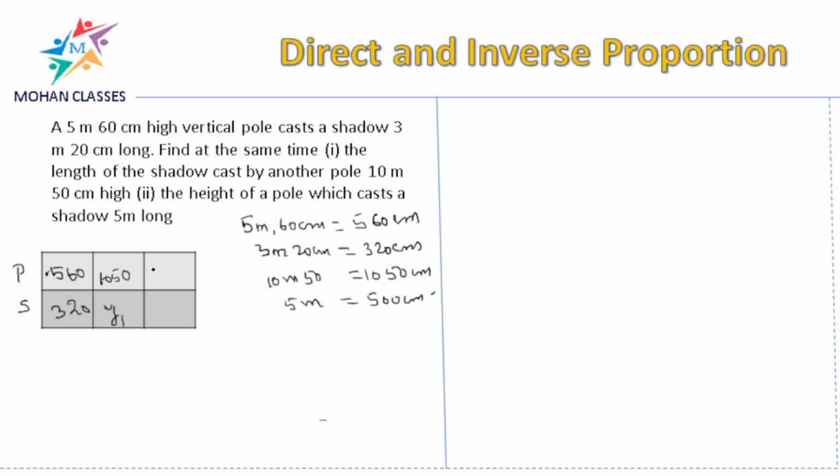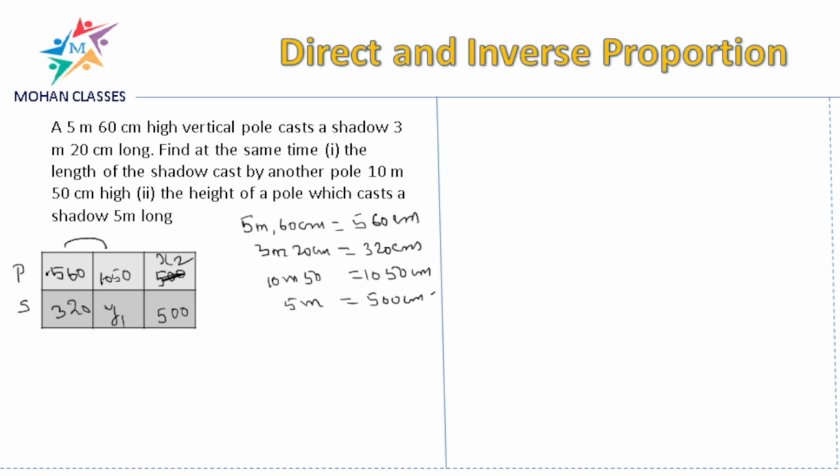So here it is 500, right? Shadow is 500. Here we have to find out what is x2. First we will do this ratio. So here first we have to find out what is y1.